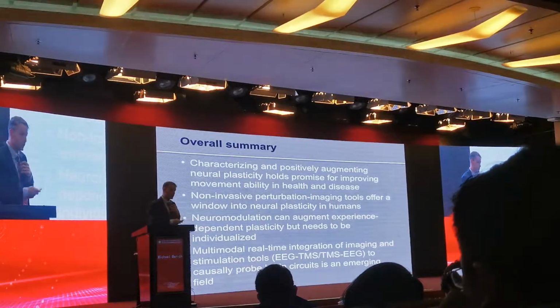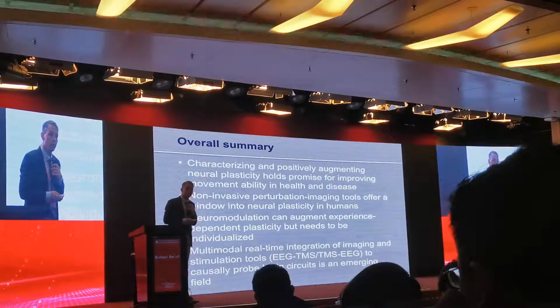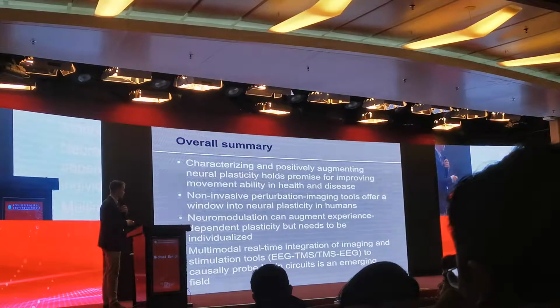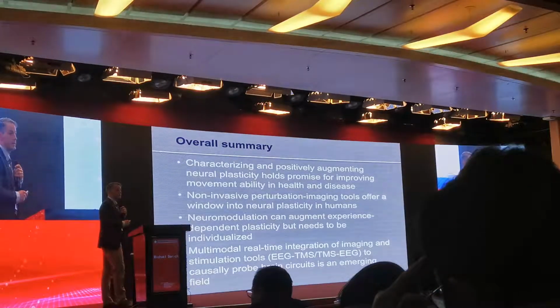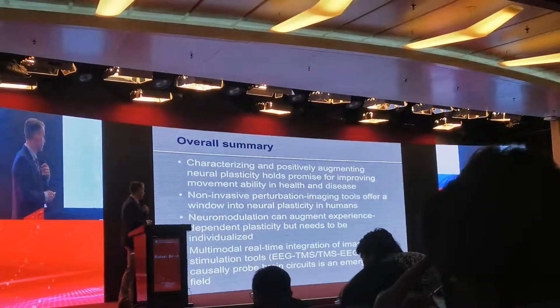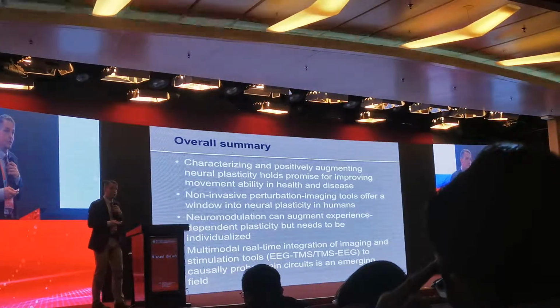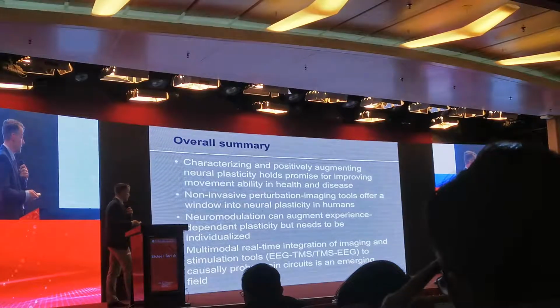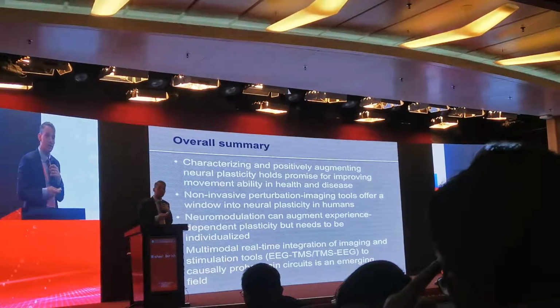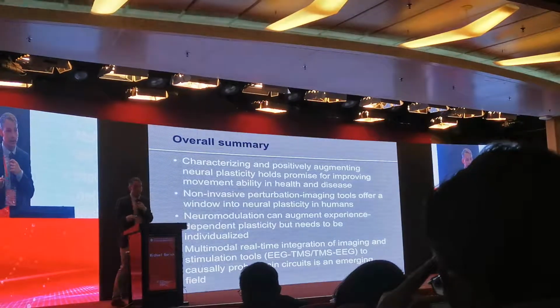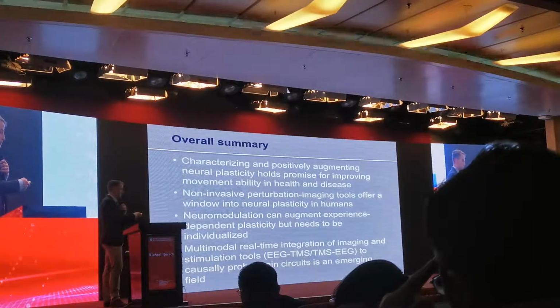We know that neuromodulation can augment experience-dependent plasticity, positively or negatively, but mostly positively. However, it has to be individualized. And lastly, multimodal real-time integration of neuroimaging and perturbation tools like TMS provides us new tools to causally probe the activity of brain circuits underlying movement and other behaviors that one might be interested in.